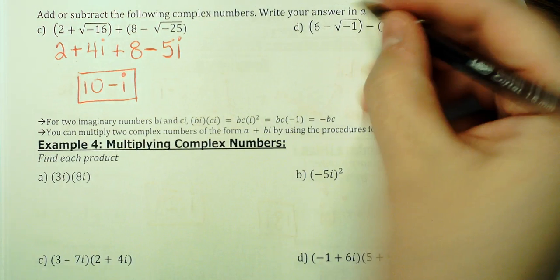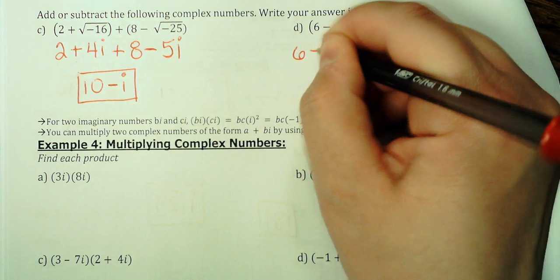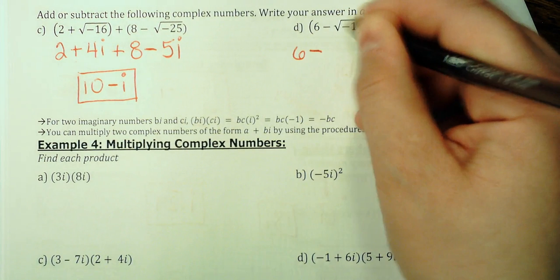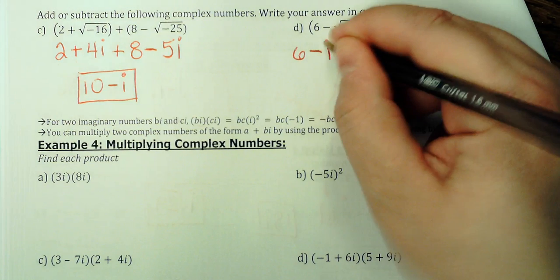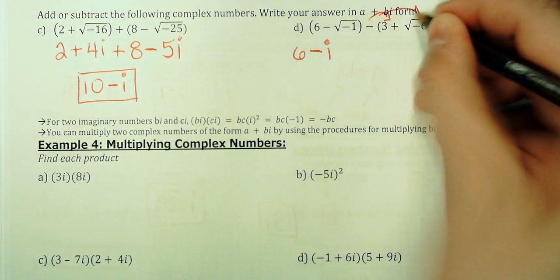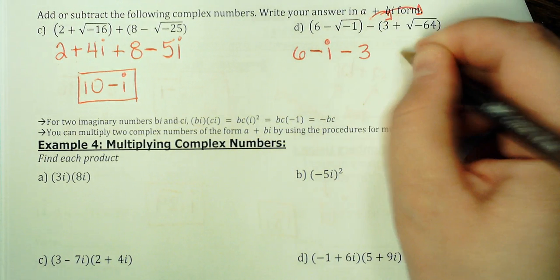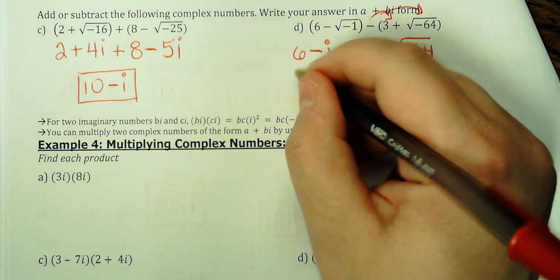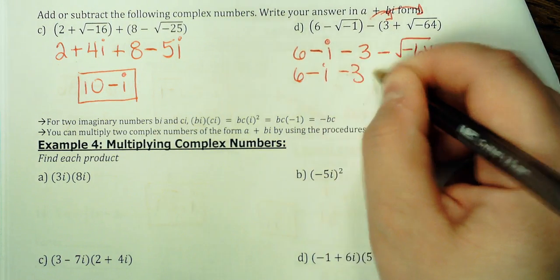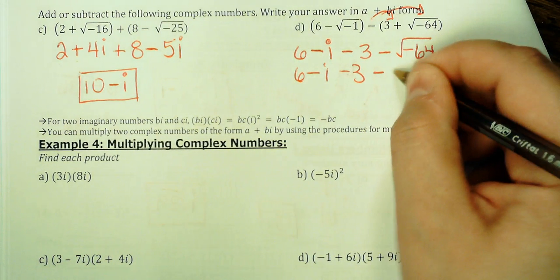Now for this one, nothing in front of the parentheses, so this is just going to be 6 minus. Now square root of -1, that's the definition of i, so this is just going to be 6 minus i. Now here, real quickly, this is going to be -3 minus the square root of -64. So 6 minus i minus 3 minus. Now this does not cancel the negative.